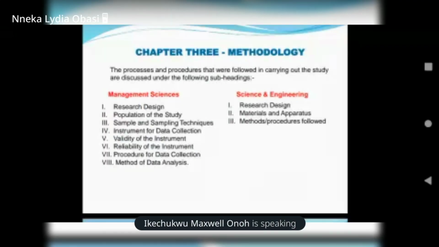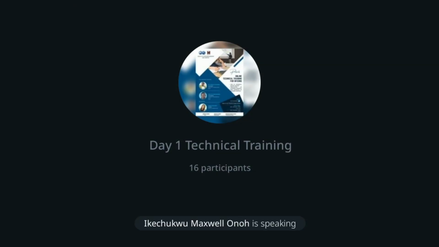But for management sciences, they go through research design, and they make use of population and sampling. For instance, in engineering we have male, we have female.